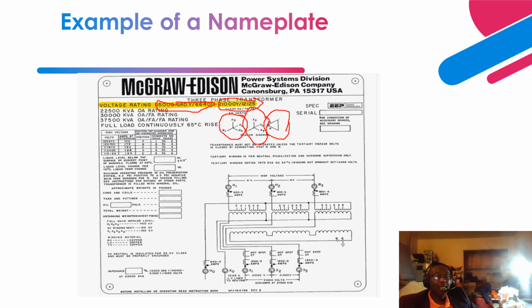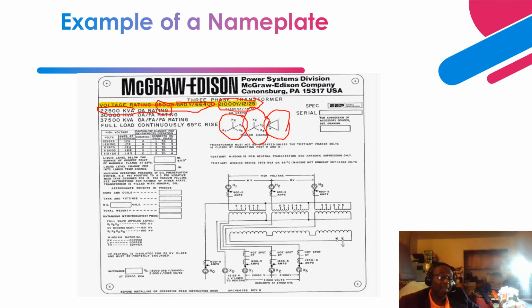Okay, so for this rating, basically the transformer is operating without any forcing of oil, right? It means that the oil expands in volume as it gets heated up. Then the oil rises up due to convection action and flows through the radiator.